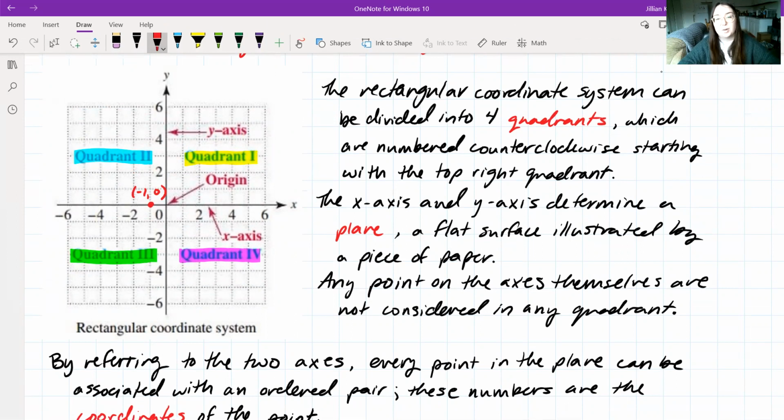You can choose whether to identify your y value or your x value first, but moving from left to right here on our left-hand side of our x-axis, these values are negative. On our right-hand side, these values are positive.